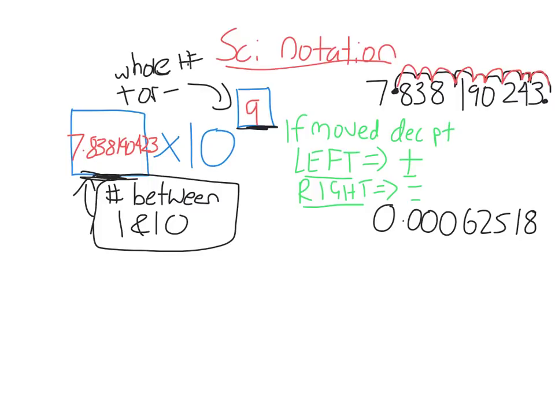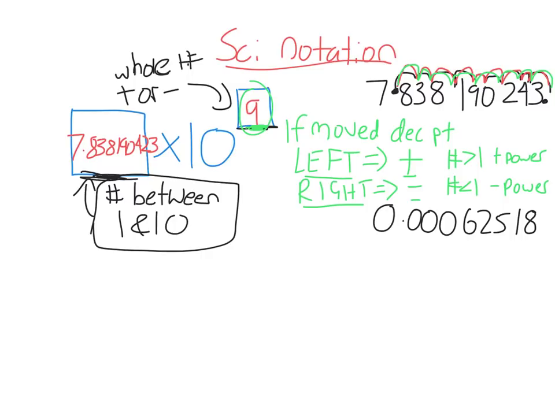In other words, if the number is greater than 1, when you started like a whole number, then the power is positive, the power being the number that goes here. And if the number is less than 1, then the power is negative. Using either of those definitions, I moved the decimal point to the left here. The original number was much greater than 1. It was a big number, so the power is positive, and I'm done.